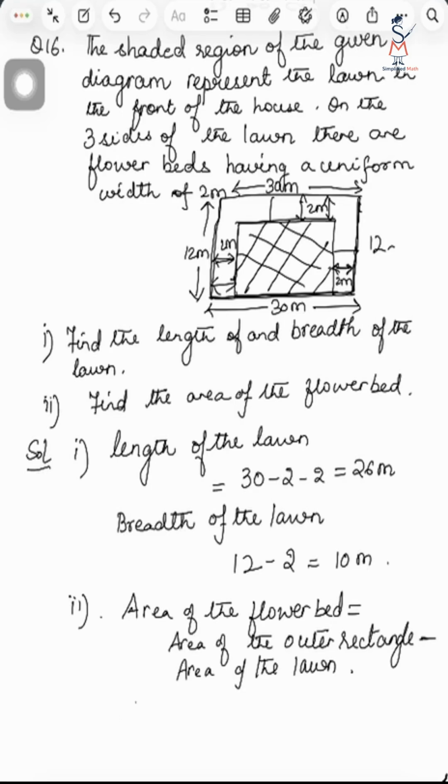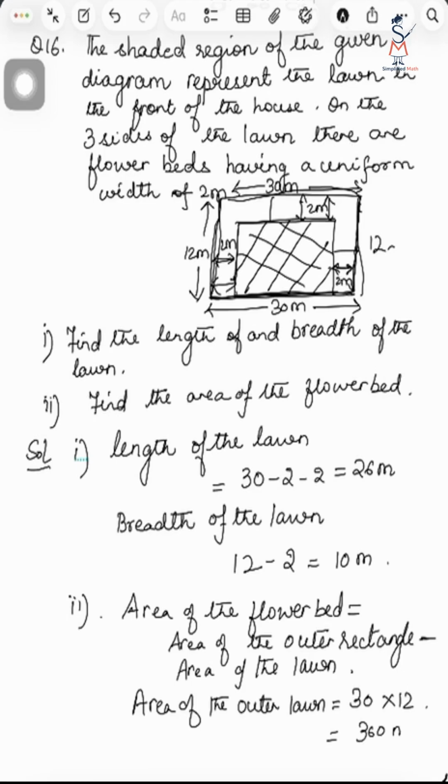So first we will find area of the outer lawn. What will be the area of the outer lawn? What is the measurement? It is 30 and 12, length into breadth. This is the outer rectangle, this bigger one. Fine. So 30 into 12, that is 360 meters square.